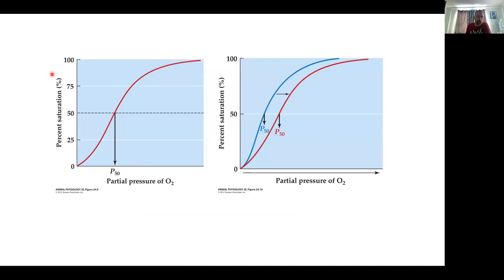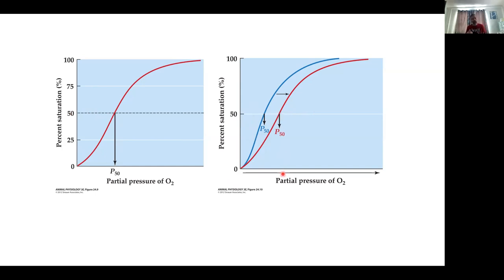Okay, so if we look to our percent saturation over here, we draw our little line where it intercepts the curve, we come down, that's our P50, the partial pressure. And for different curves, we're going to have different P50s. So for our blue curve here, our P50 is relatively low. For our red curve, our P50 is relatively high.